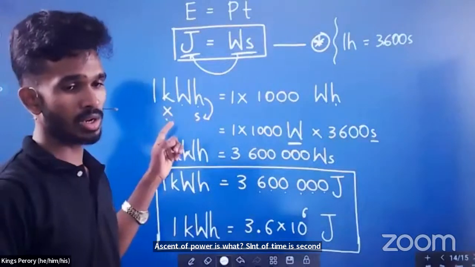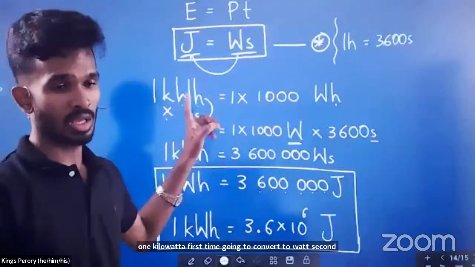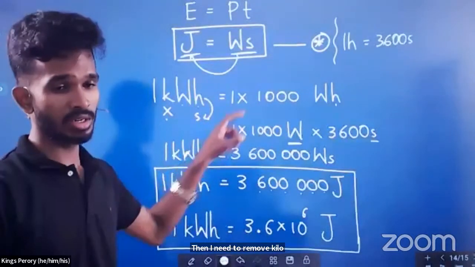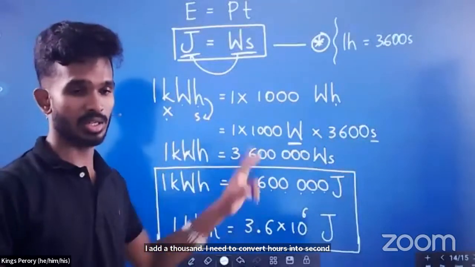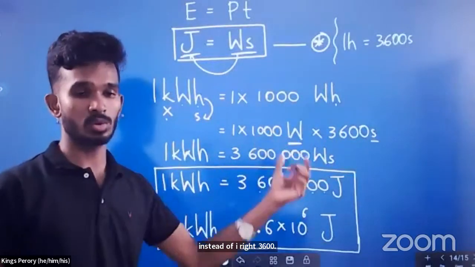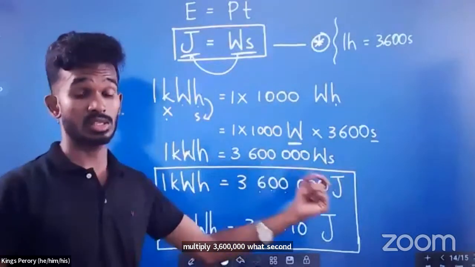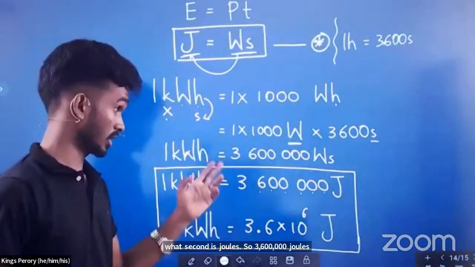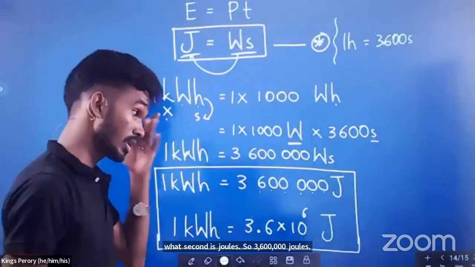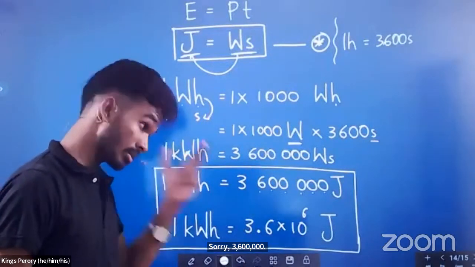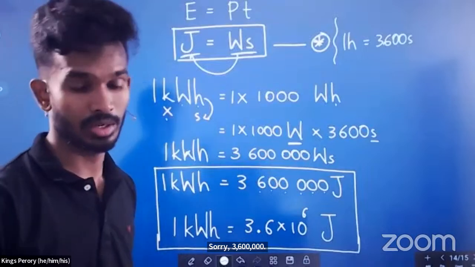I remove kilo and write 1000. I convert hours into seconds, writing 3600 instead of hour. Multiplying gives 3,600,000 watt second. Watt second is joules. So that is 3.6 into 10 to the power 6 joules.